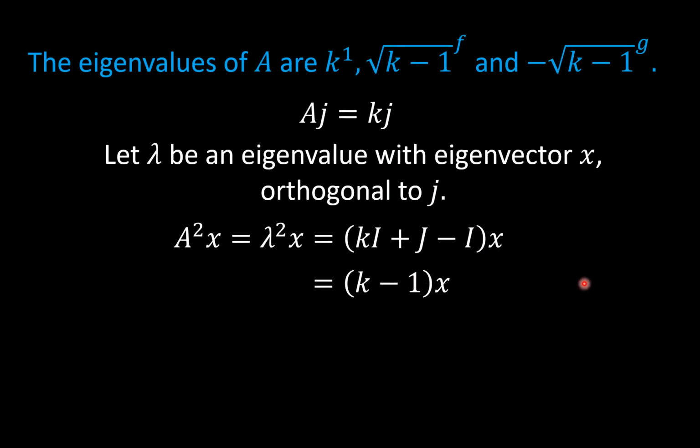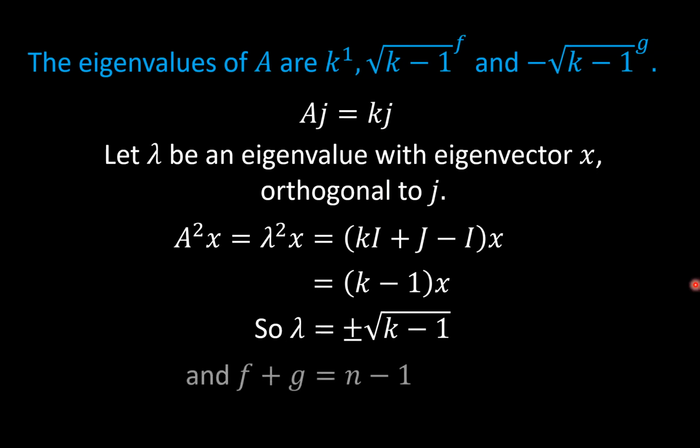And so this equation is equal to k minus 1 times x. And we conclude that lambda is equal to plus or minus square root of k minus 1. And these have certain multiplicities, f and g I chose, but we know that f plus g is equal to n minus 1 because it must sum to the dimension of the remaining subspace. We remove the eigenspace corresponding to eigenvalue k.